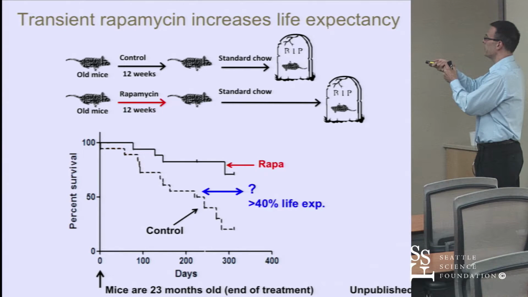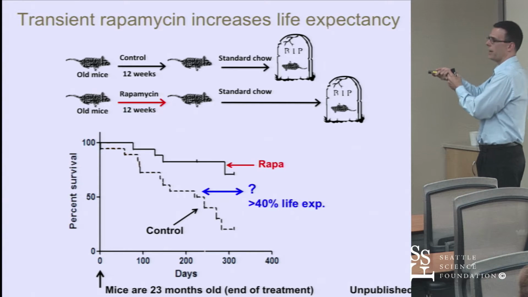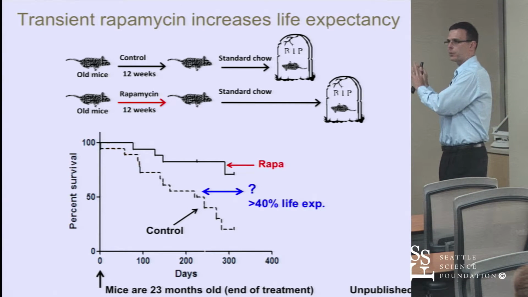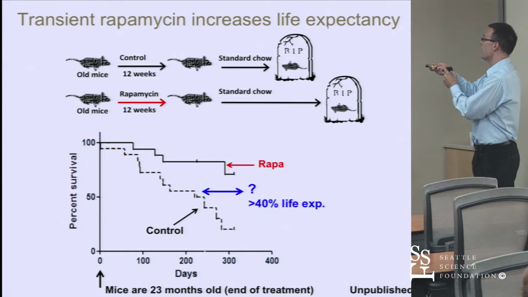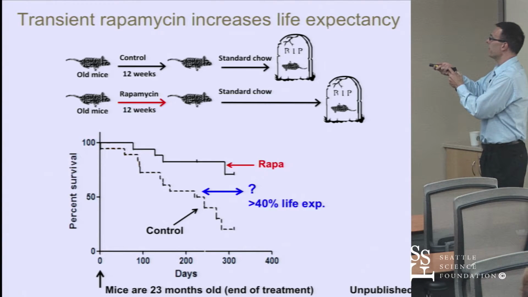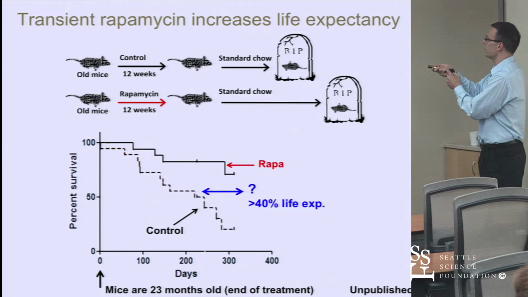The control group is here, and you can see they're dying off. This is about the kinetics we would expect of die-off in the NIA aging rodent colony, so the same strain background, same set of mice. And these are the mice that got 3 months of rapamycin. And so in this particular experiment, we don't know how big the effect is going to be yet. We're actually probably out here about now.